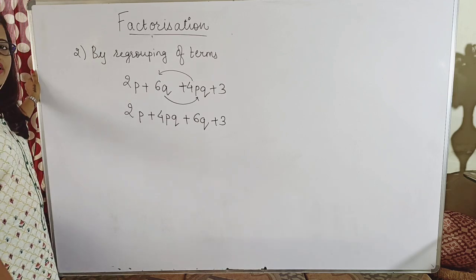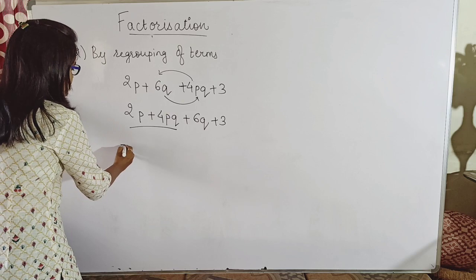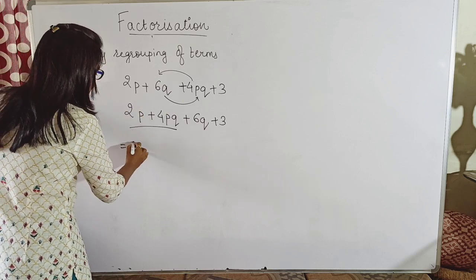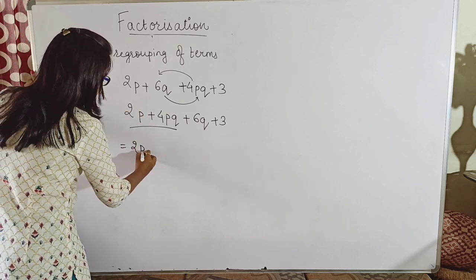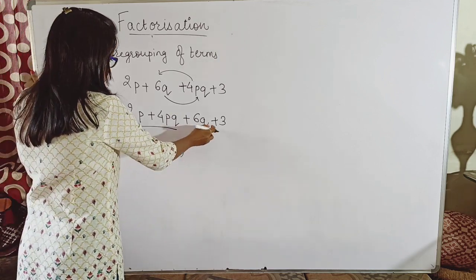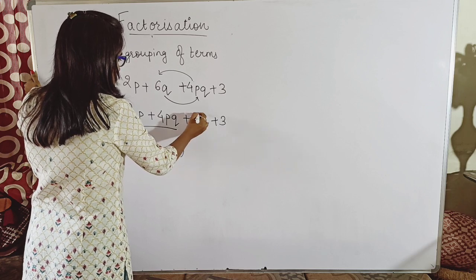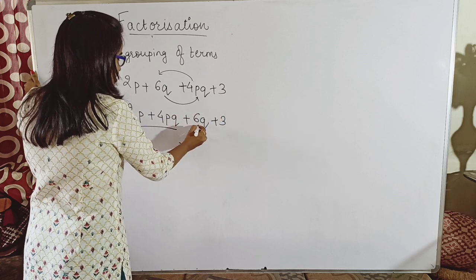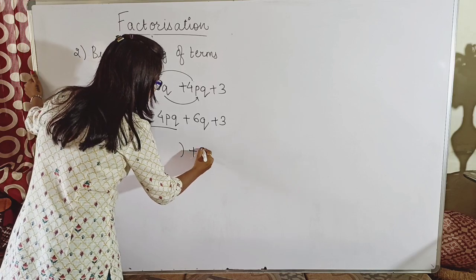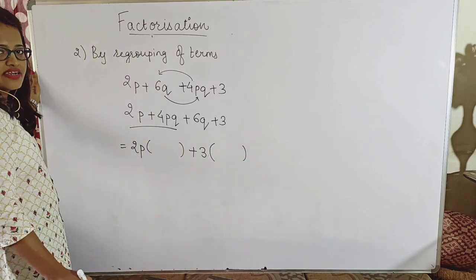Now, can I find the common factor between two terms? Suppose I take these two expressions. What is common? 2 I can take, whereas p also I can take. So whatever is remaining, I will write it inside the bracket. Similarly, if I consider these two terms 6 and 3, 3 2s are 6. So again I can take 3 common and the remaining terms I can write in the bracket.